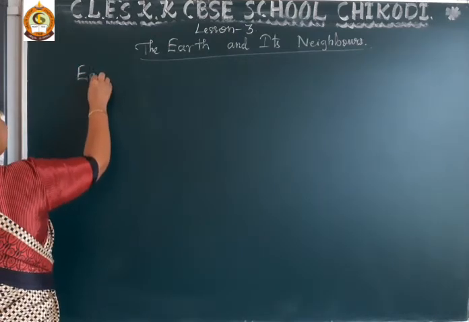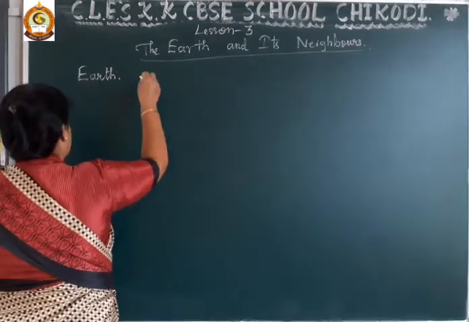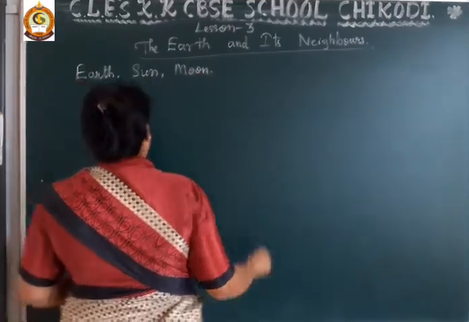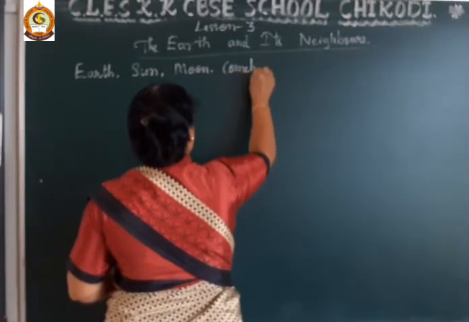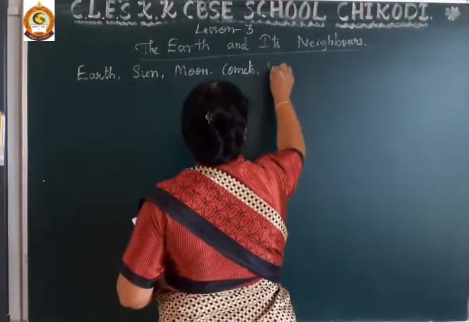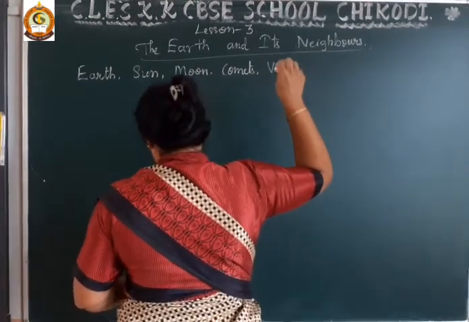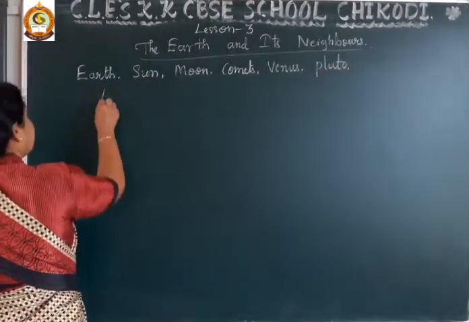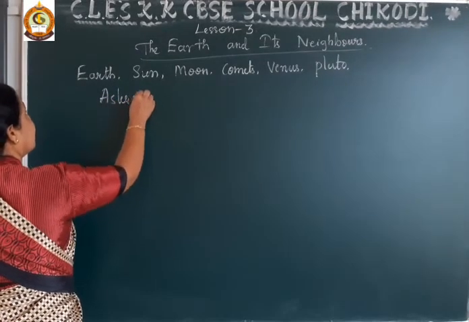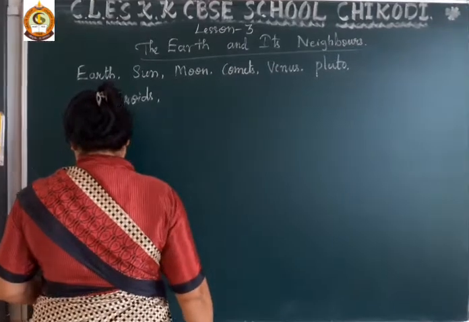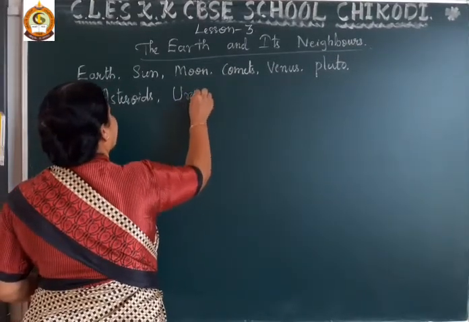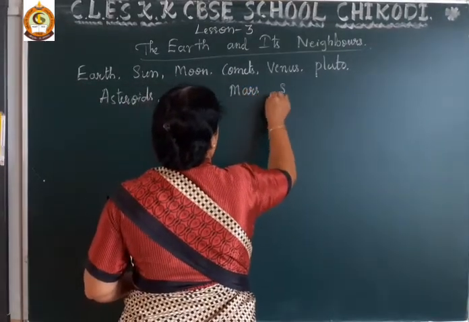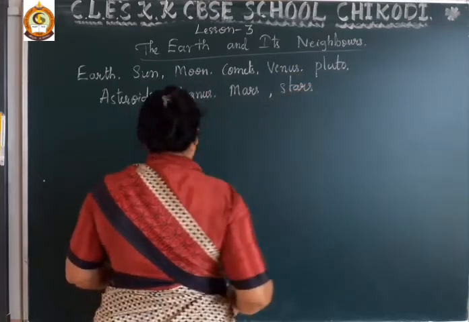Earth, Sun, Moon, comets, next Venus, Pluto, again asteroids, Uranus, then Mars and stars.